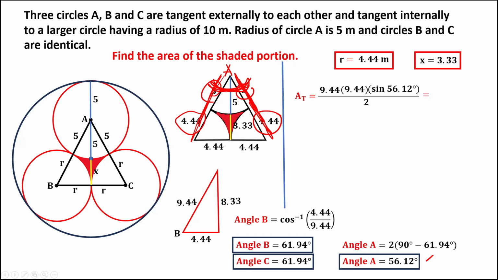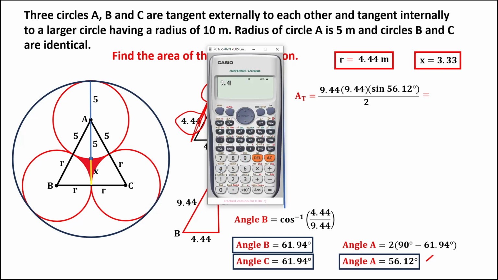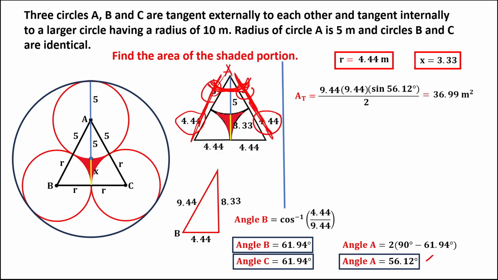To find the area of this triangle, we have 9.44 times 9.44, then times sine 56.12, equals, then divide by 2, equals 36.99 meters squared. So this is the area of the triangle.